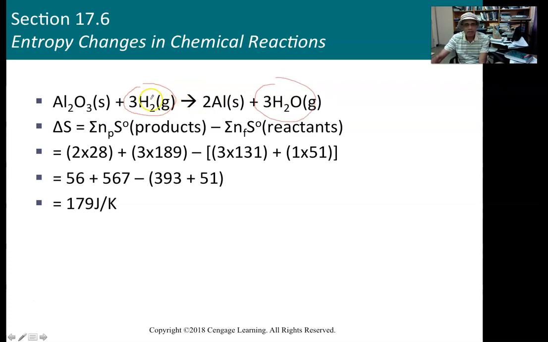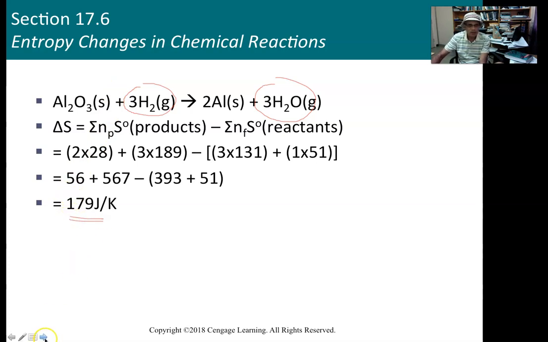So in other words, here you cannot tell just by the positional entropy, that is based on the degree of probability of disorder, since both sides are gas, 3 mole and 3 mole. So you might say the change is almost zero in terms of entropy, because they have basically the same number of molecules of gas. But the answer is this, meaning there's an increase in entropy.